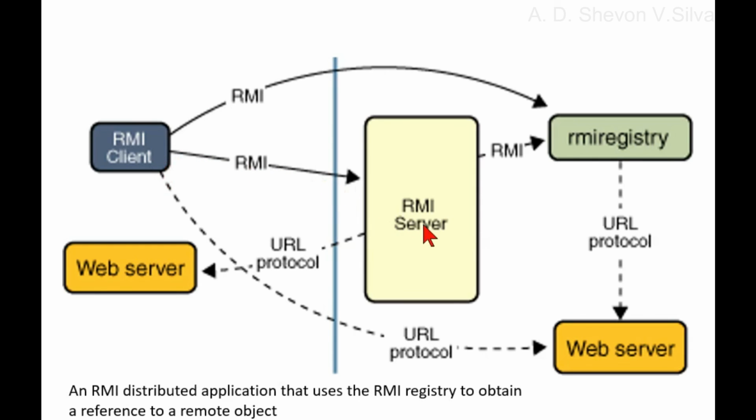The RMI server is connected to the RMI registry, and RMI is passed from the RMI server to the RMI registry. The RMI registry is connected to the remote web server. URL protocol is passed from the RMI registry to the remote web server.